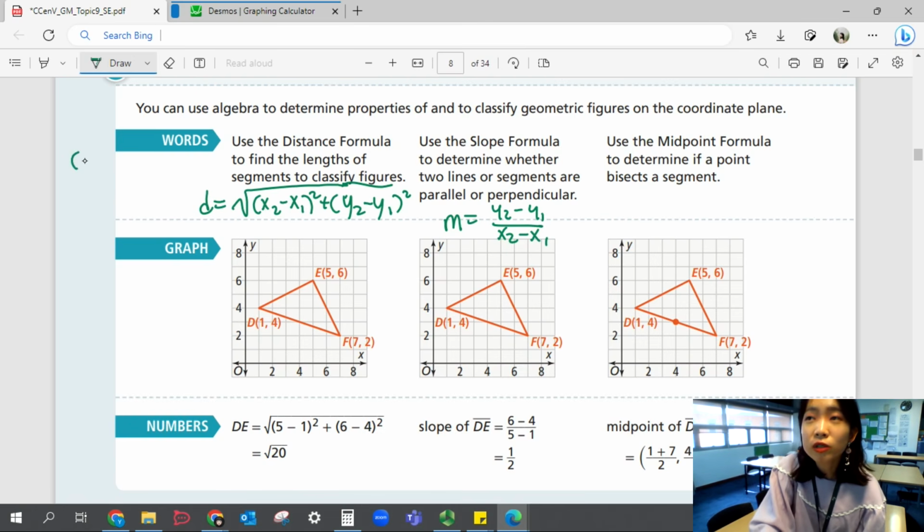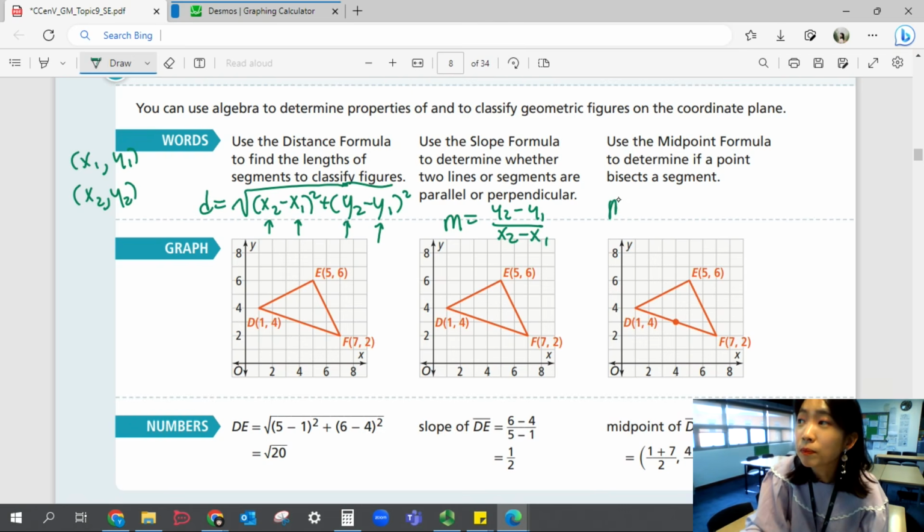If you have two different points, we're going to label one point as x sub 1 and y sub 1 so that we can distinguish them, okay? And then x sub 2 and y sub 2. So the order does matter. If we're starting from the second point, we need to subtract the first point from the second point. We can't mix that order up in one equation. Midpoint formula is equal to x sub 1 plus x sub 2 divided by 2, comma, y sub 1 plus y sub 2 divided by 2. Okay?